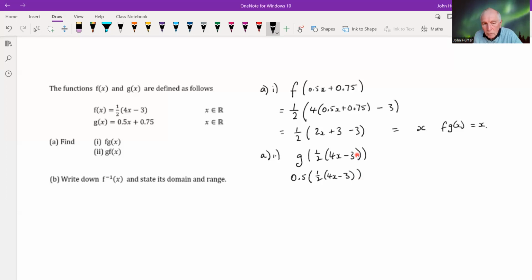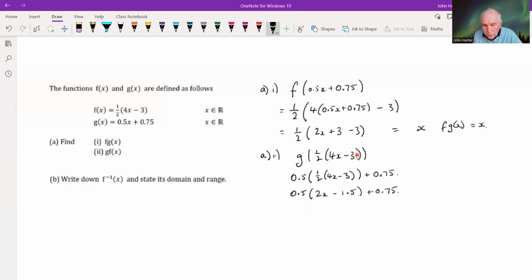Okay, and then we've got plus our 0.75 on at the end. So where does that leave us? So we've now got 0.5 into 2x minus 3/2, I'm going to call that 1.5, plus our 0.75.